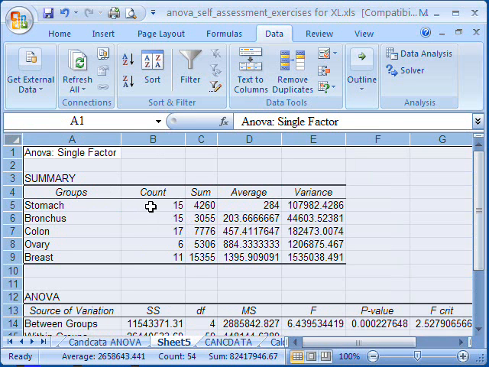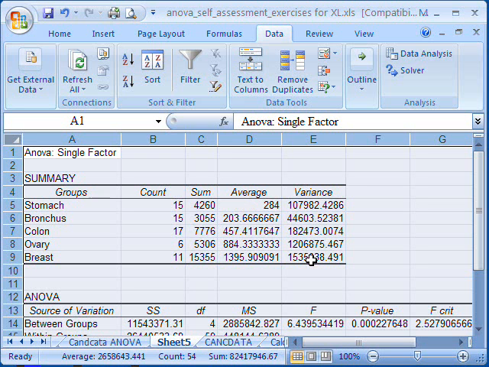So it will give you a count for each of the different types of cancer, an average. Again, this is useful. So you can see that survival with breast cancer on average is much greater than that for, for example, stomach cancer. And it will give you a variability associated with each of these cancers.